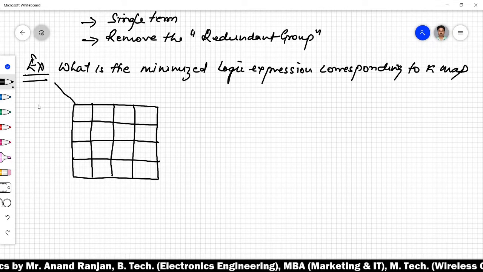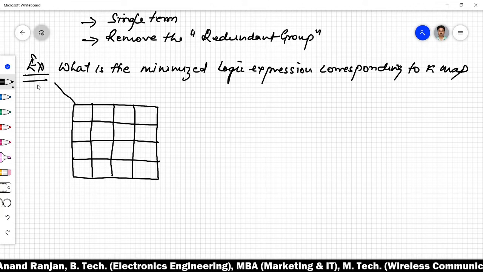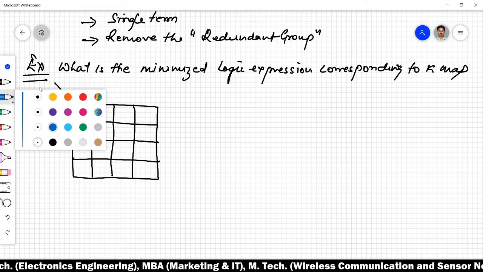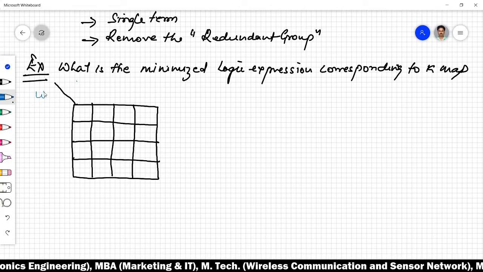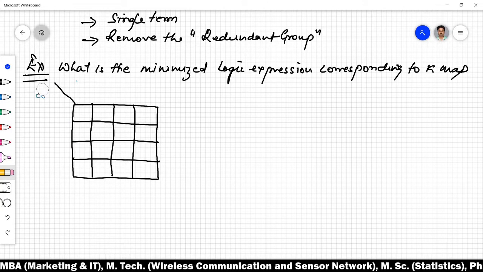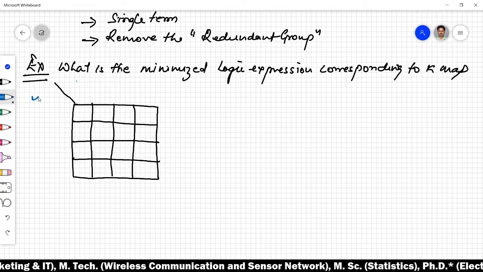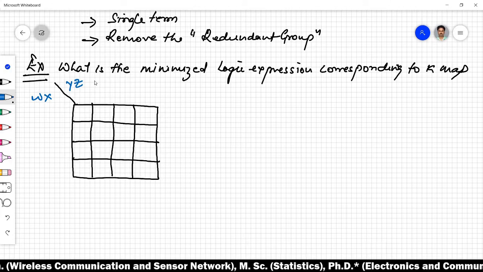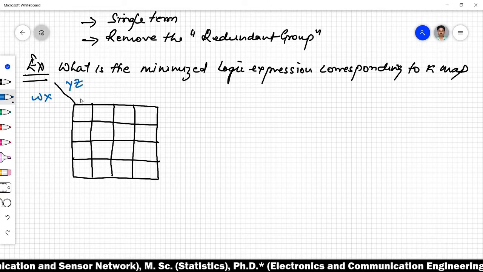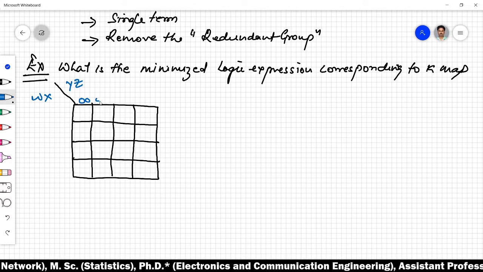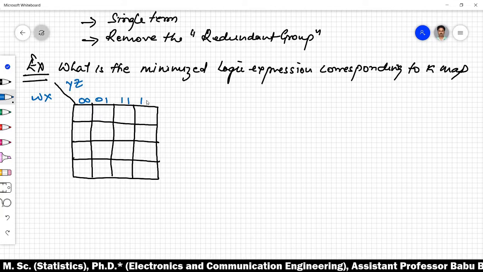Here we have a four variable K-map given to us, in which the variables are W, X, Y, and Z. And we can write here the combinations just as we have discussed earlier: 0 0, 0 1, 1 1, 1 0.